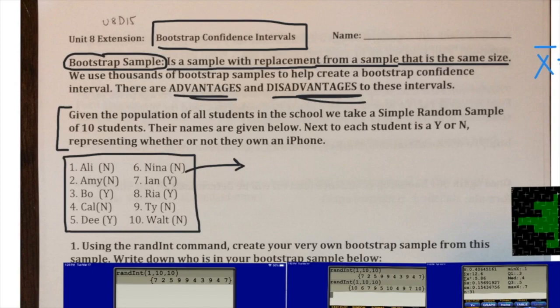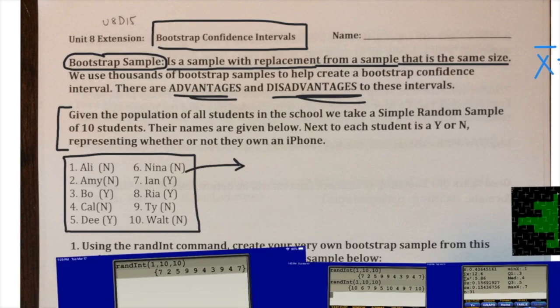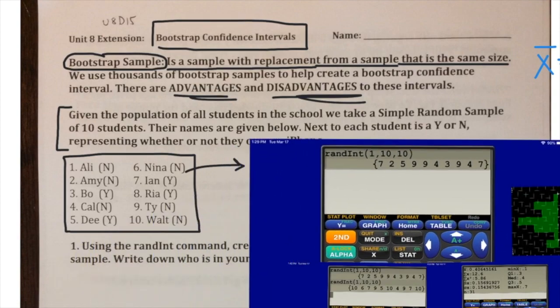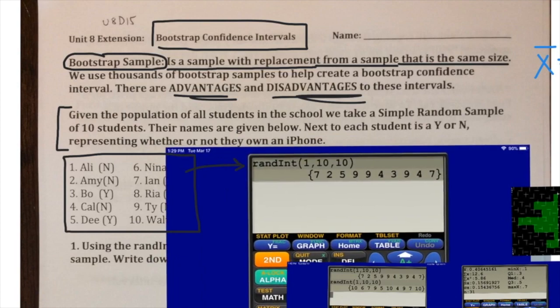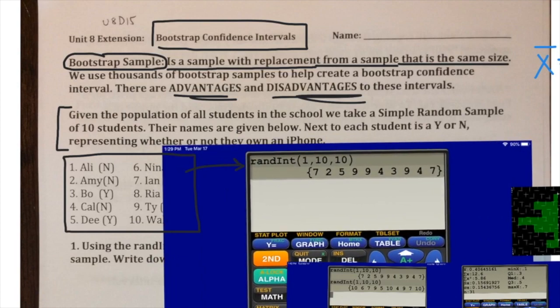A bootstrap sample would be randomly selecting 10 of those 10 students with replacement. That means that a student can show up more than once in a bootstrap sample, and that's exactly what happened when I used my graphing calculator. I created this bootstrap sample by using the random integer command.